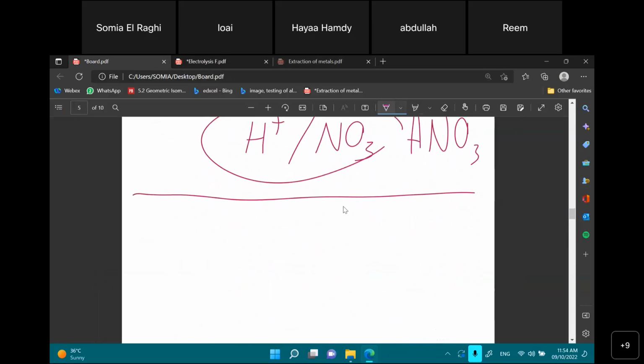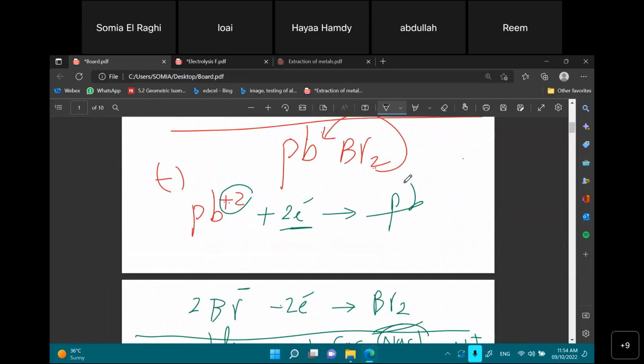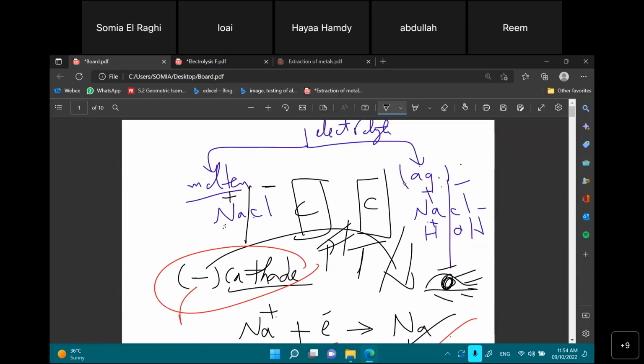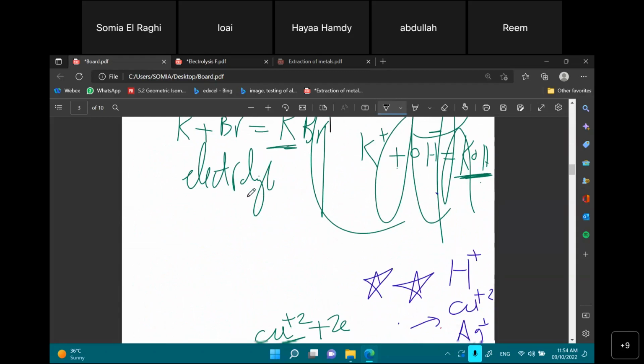In all these cases we didn't talk about active electrodes; we used inert electrodes, which are either graphite or platinum, titanium and platinum only. What is the property of these kinds of material? Inert, unreactive electrodes.